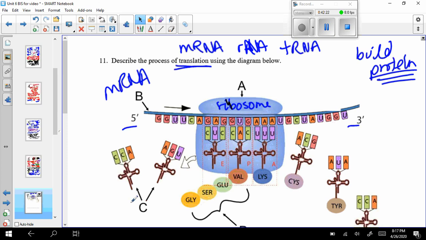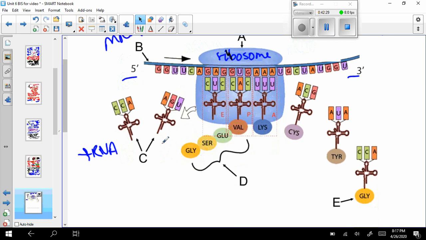And then these molecules C, these are my tRNA. These ones right here have already been used, so I've got to back up a little bit. These ones are actually in the process of being used. So here is a tRNA molecule in its complete state, which means that it has E attached to it, and E is showing that this is my amino acid. tRNA molecules stand for transfer RNA molecules.